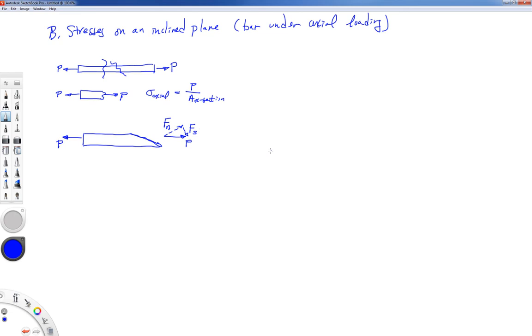Let's see if I can sketch this in 3D to give you a better idea what the inclined plane would look like. Suppose we're looking at something like a 2x4 with a rectangular cross section. If I cut the 2x4 at an angle, the slanted plane would have a larger cross-sectional area than the area of the cross section.